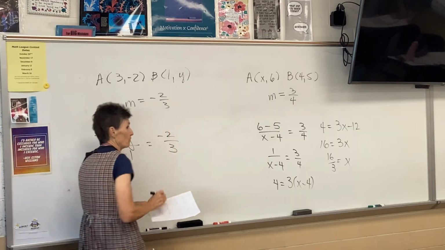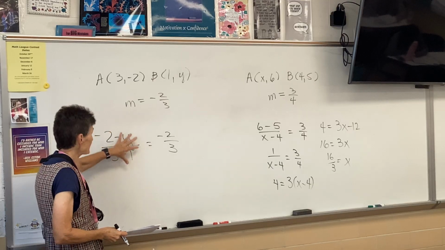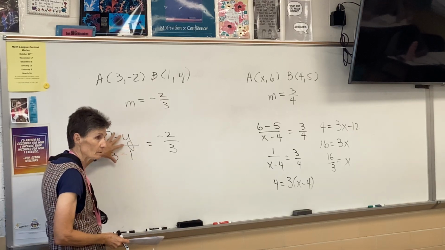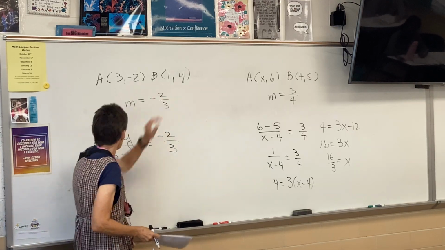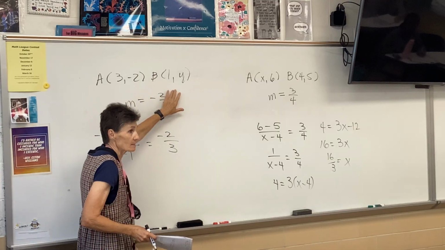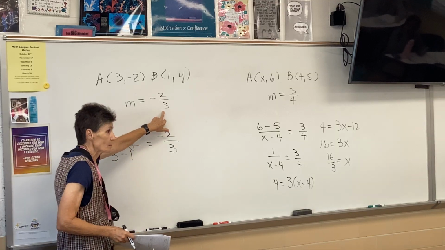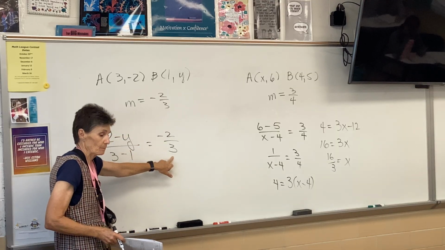Perfect, perfect. Now, what's this, you guys? If you're lost, this is the slope. Y minus y over x minus x. That's the slope, which we know equals -2/3.